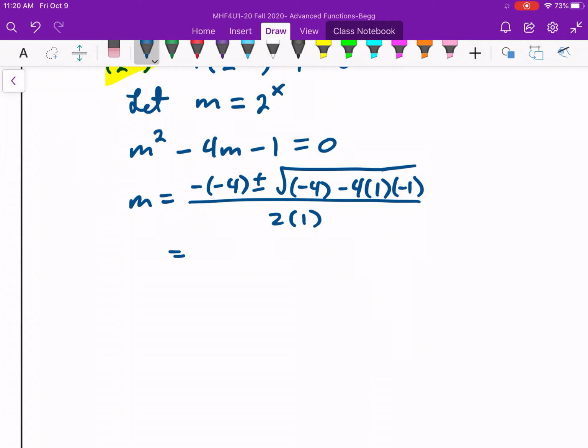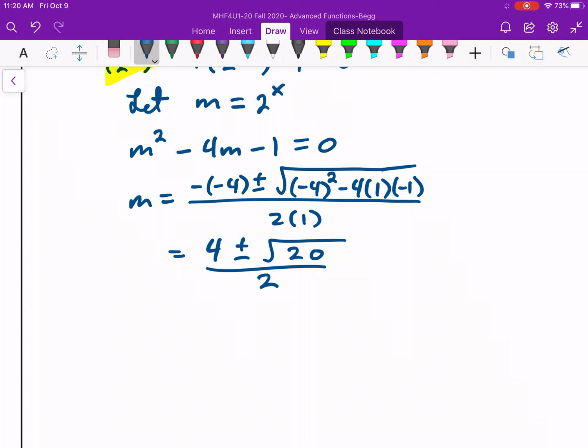That's what we put in. Negative 4 is positive. And this should have been negative 4 squared, shouldn't it? Negative 4 squared is 16 plus 4 gives me square root of 20 over 2, so it's simplifying down nicely.